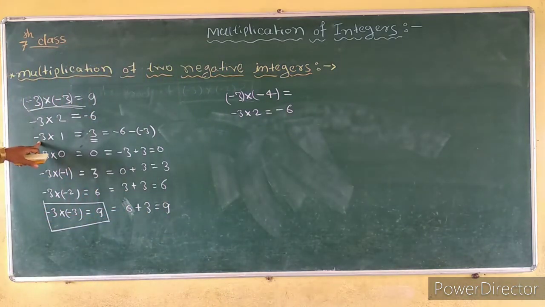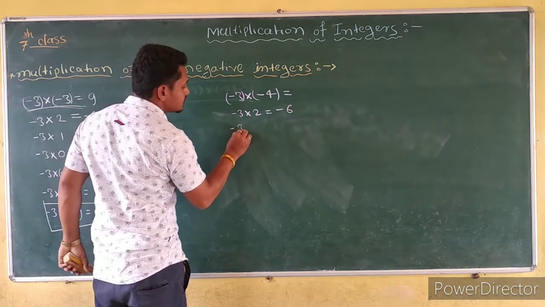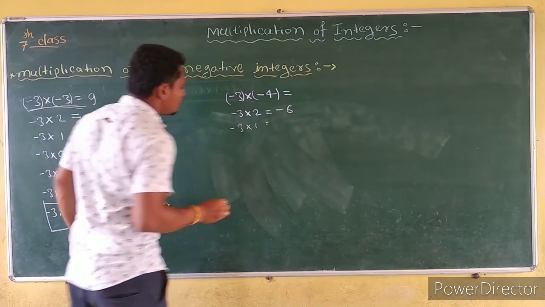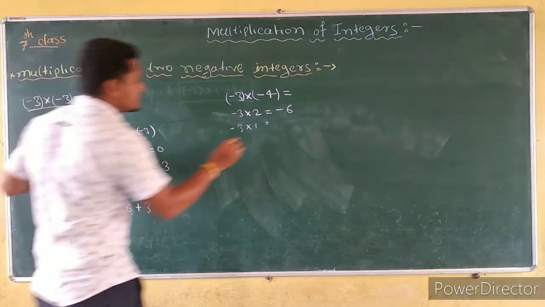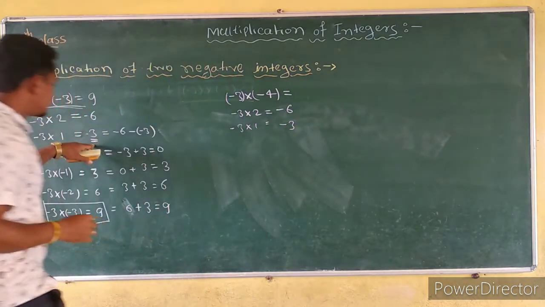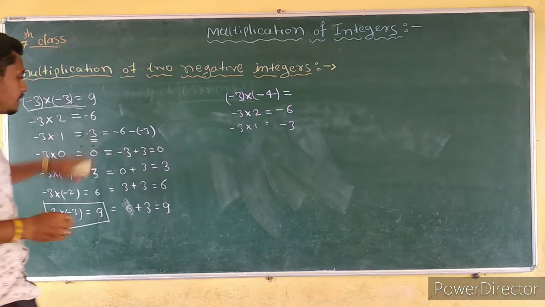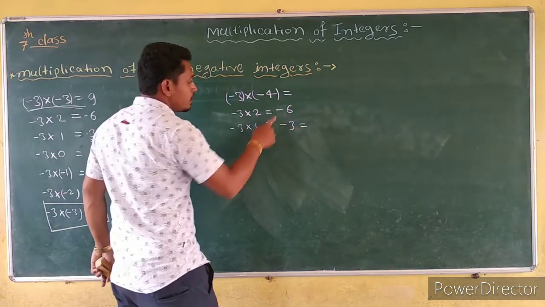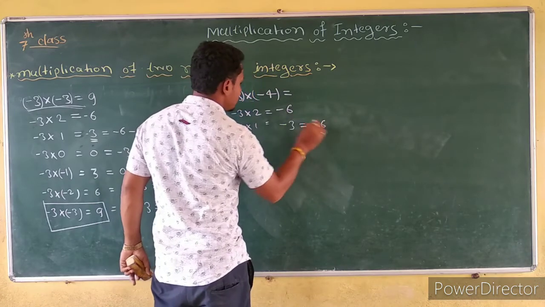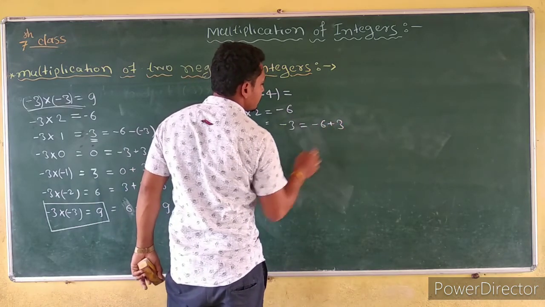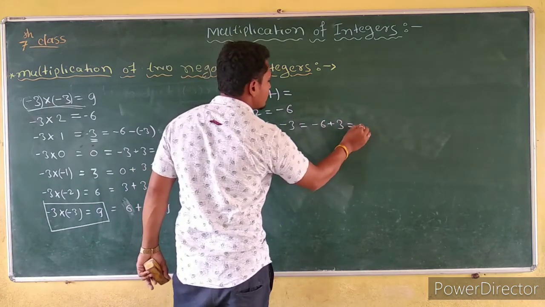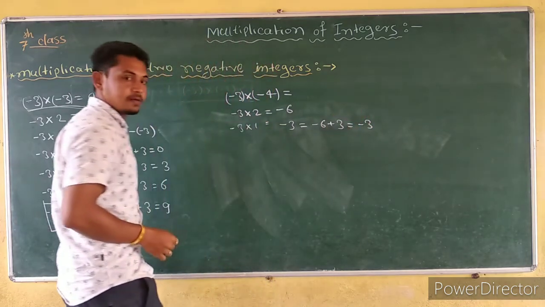Next, minus 3 into 1. Minus 3 into 1 is equal to minus 3. Minus 3, is it right? Minus 3 is equal to minus 6 plus 3. Minus 6 plus 3 is equal to minus 3.